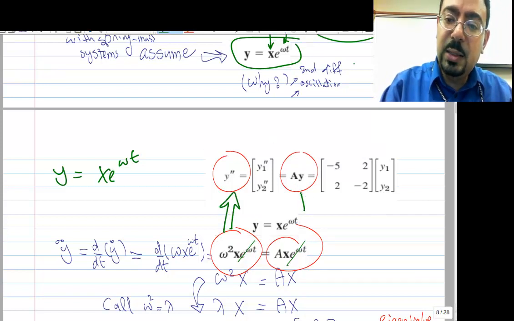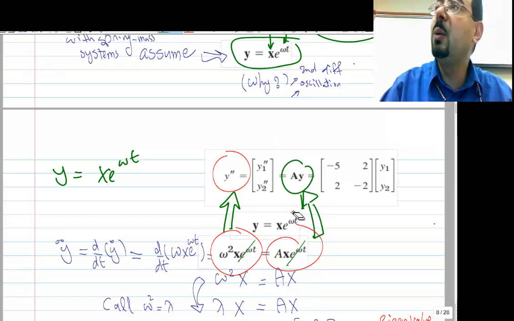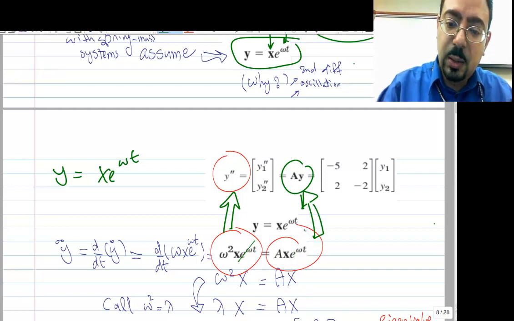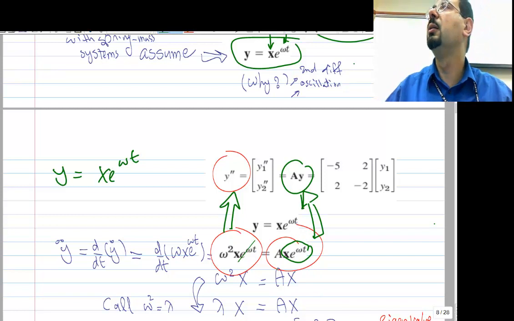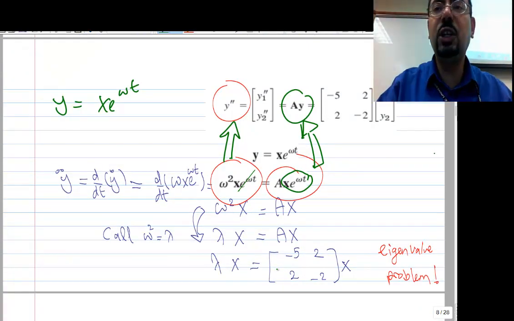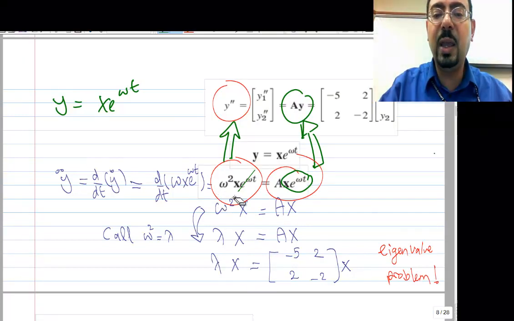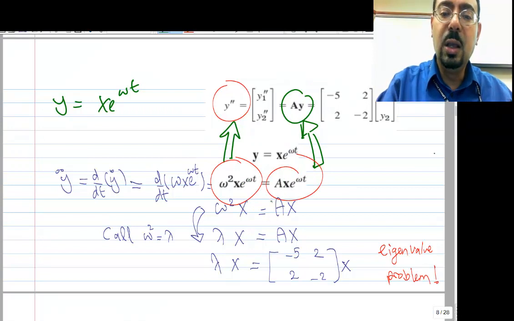And what will go there is the matrix A multiplied by y. What is y? The y is x e to the omega t. So that shape in those two differential equations will result in omega squared x e to the omega t equal to A x e to the omega t.